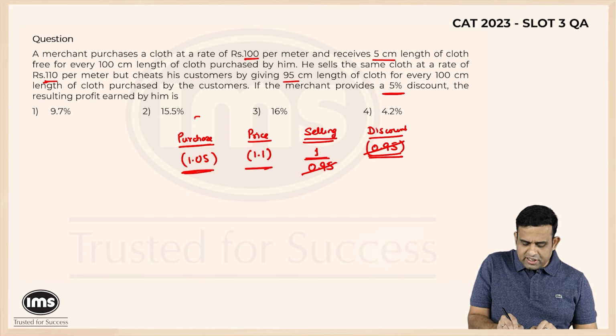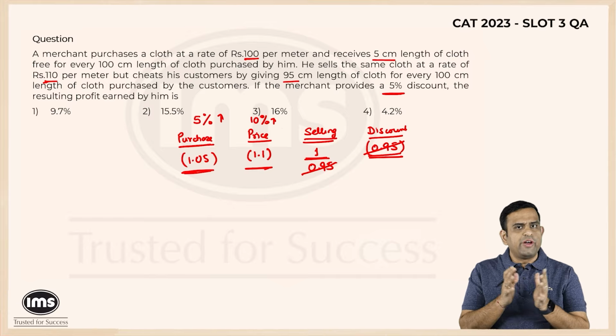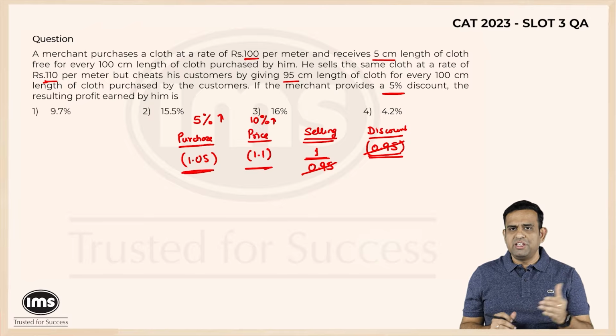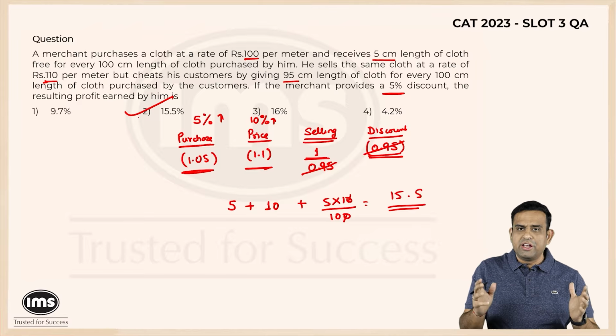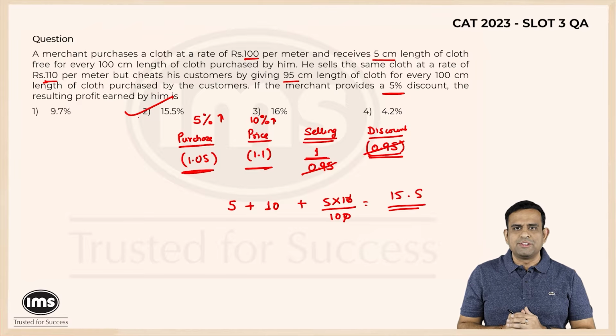So one can say a successive percentage increase of 5% and 10% is what my answer should be. If I use the formula A plus B plus AB upon 100, 5 plus 10 plus 5 into 10 upon 100, one gets 15.5, and hence one can choose to mark option number 2 over here.